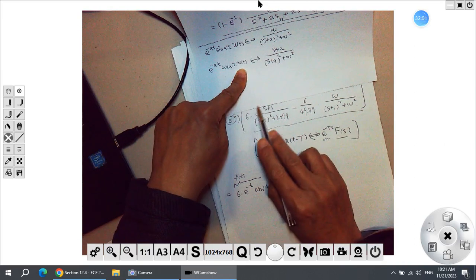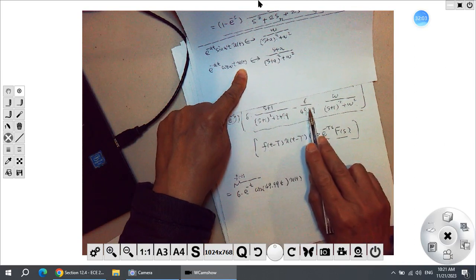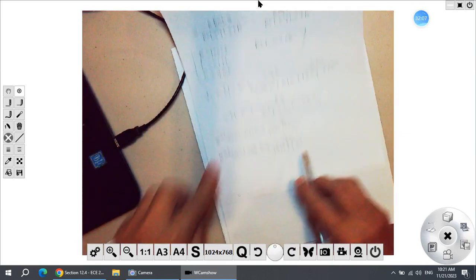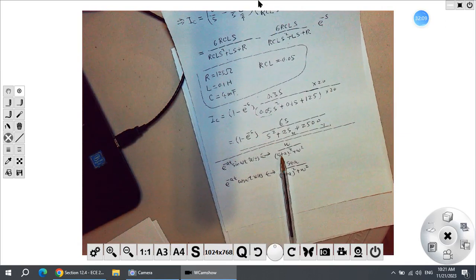This is this part. And the second part is minus 6 over, okay, I gave the value 6 over, this one is what?